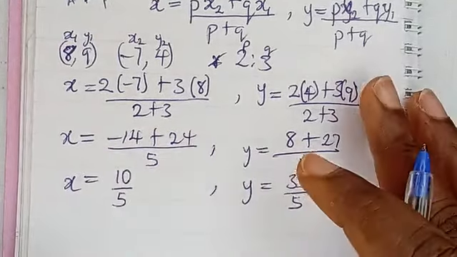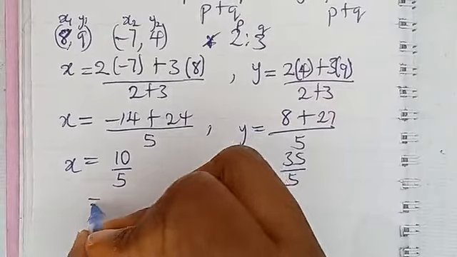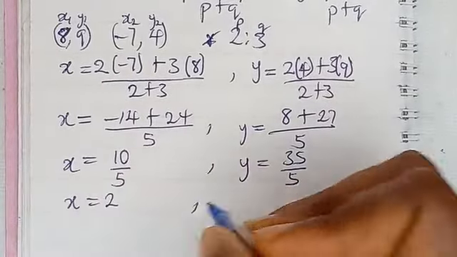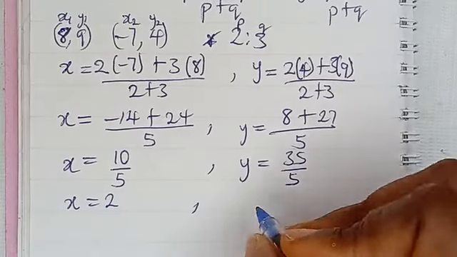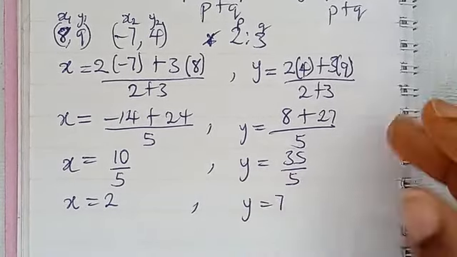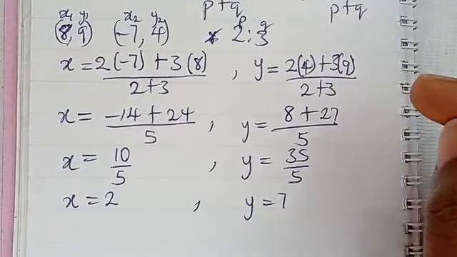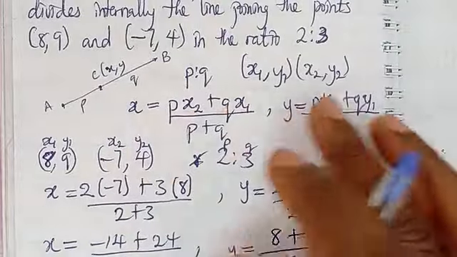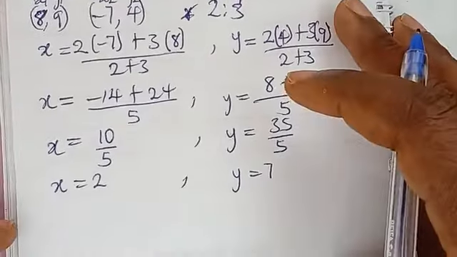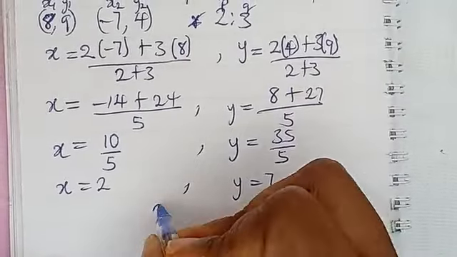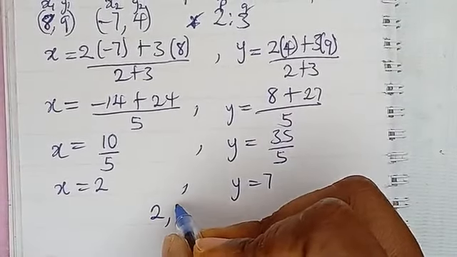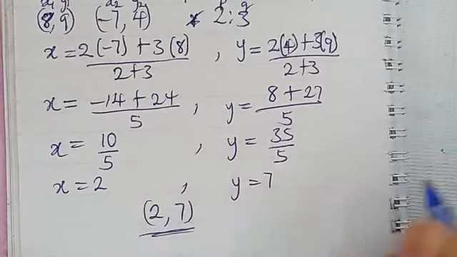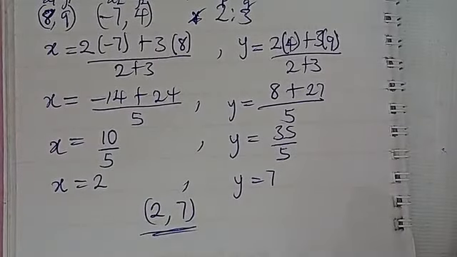So 10 divided by 5 is 2, and 35 divided by 5 is 7. Therefore, the coordinates of the point that divides the original line in the ratio of 2:3 is (2, 7). Did you see, it's easy to do?